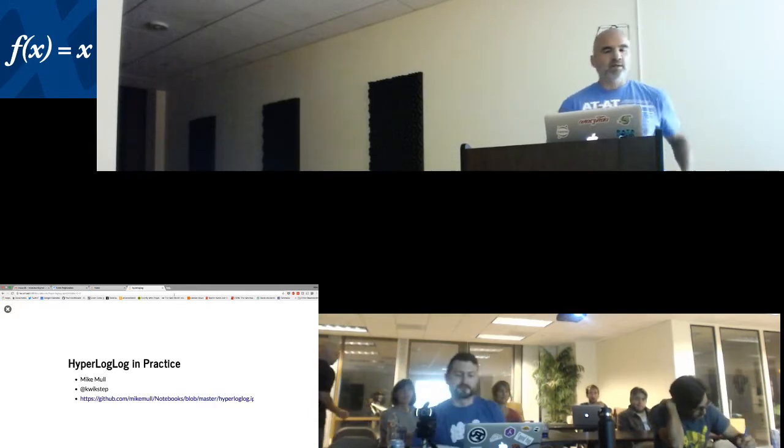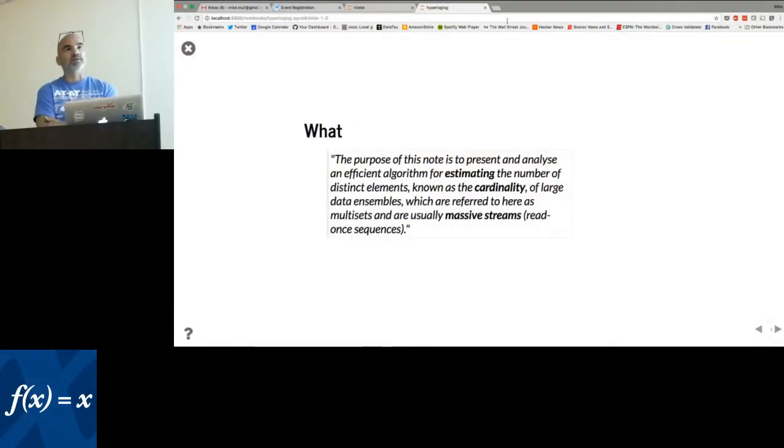So this first slide is basically a quote from the paper by Philippe Flajolet describing the original version of HyperLogLog. I highlighted the words that are important in what this algorithm does. The key things are that it's an estimation algorithm, so it does not give you exact results, and it's trying to estimate the cardinality of a multi-set, so basically the number of unique items.